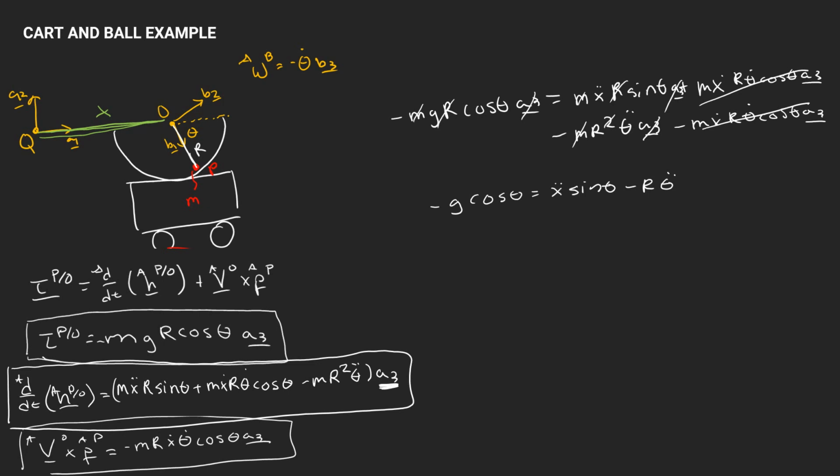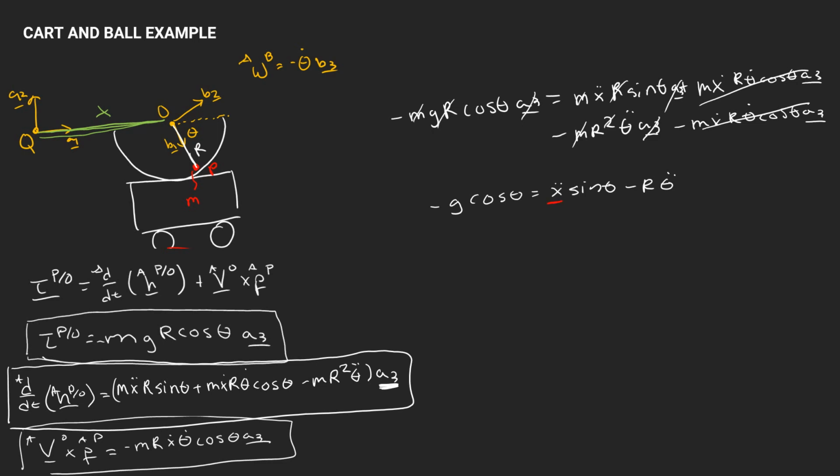Now this is where that instruction that x double dot is known comes into play. Typically, if we didn't know what x double dot was, we would have to generate a second equation in order to solve this, because we would have two unknowns: theta and its derivatives, and x and its derivatives.